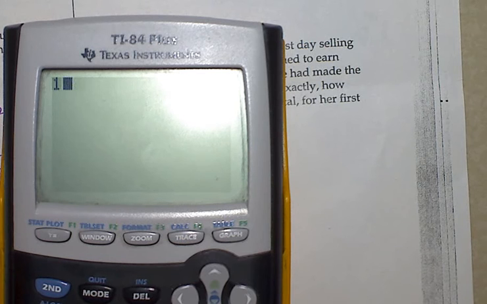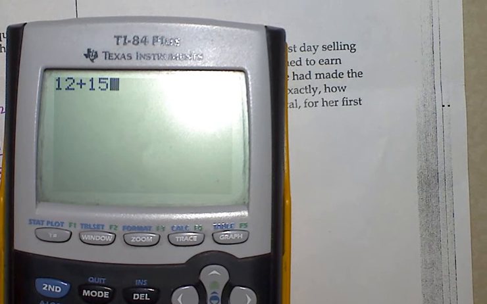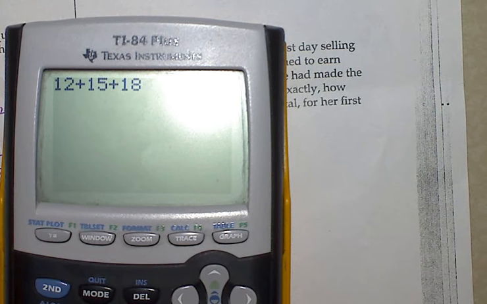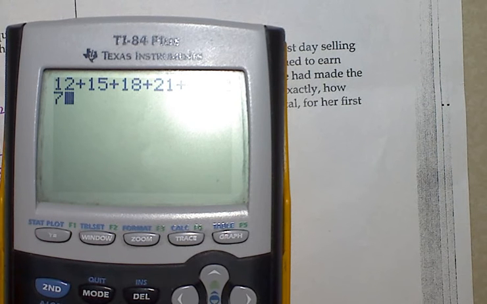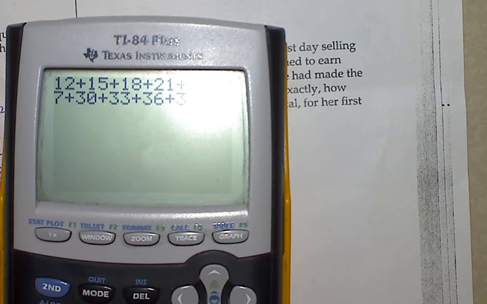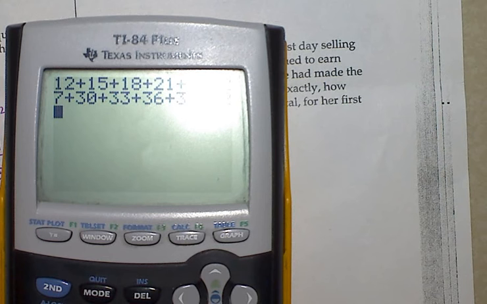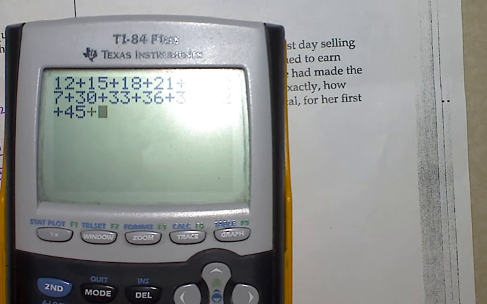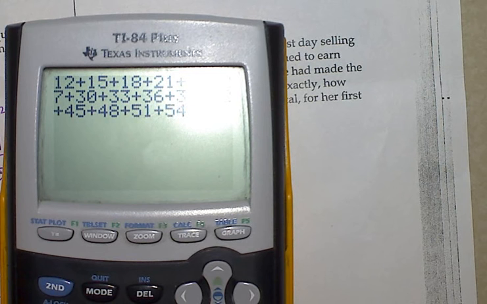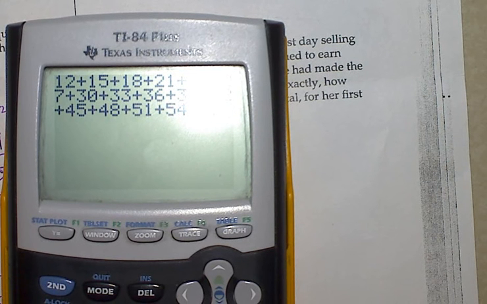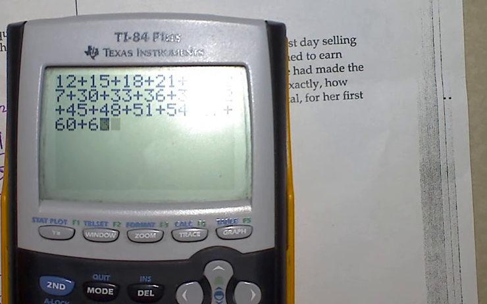There's day 1, day 2, day 3, 4, 5, 6, 7, 8, 9, 10, 11, 12, 13, 14, 15, 16, 17, 18, 19, 20.